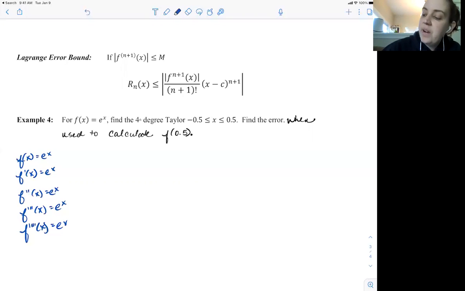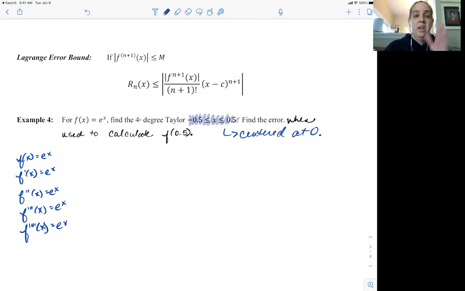Now, this expression means that we're centered at 0. They didn't tell us that we were centered at 0, but if it's between negative 0.5 and positive 0.5, it's symmetric, so we're centered at 0. So at x equals 0, all the derivatives have a value of 1.